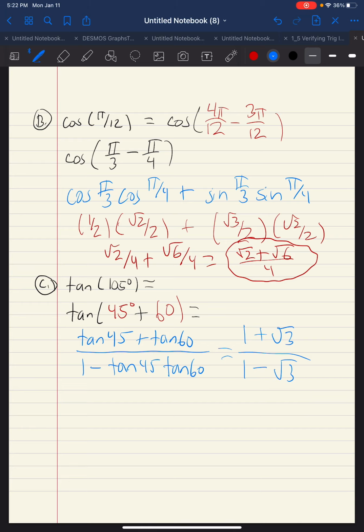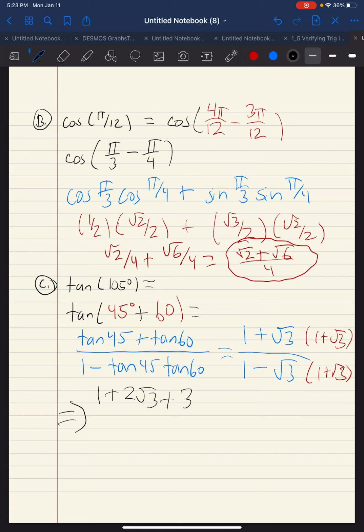Now we have to do the conjugate because we don't want the radical in the bottom. If you remember, that's how we cancel it. 1 plus rad 3, 1 plus rad 3. The reason why I'm doing this is to not have the radical in the bottom. Once you do that, we should get 1 plus 2 rad 3 plus 3.